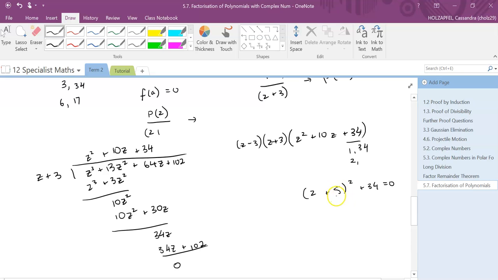Now I had to add 25 to finish completing the square, so I'm going to have to subtract 25 outside the square. So that's going to give me 9. So z plus 5 squared is going to be equal to -9 because I've moved that over to the other side. So z plus 5 will be equal to 3i.